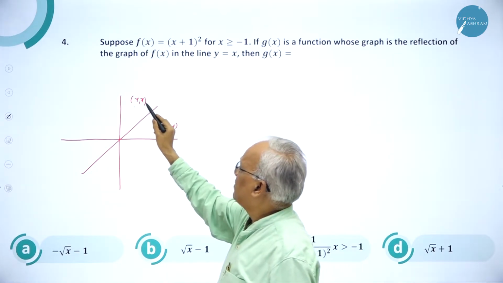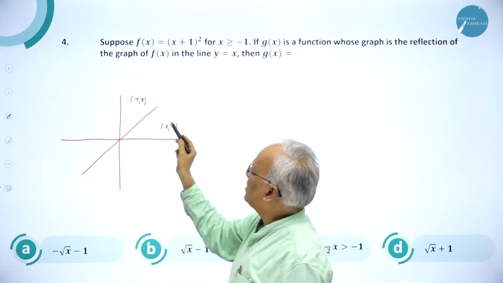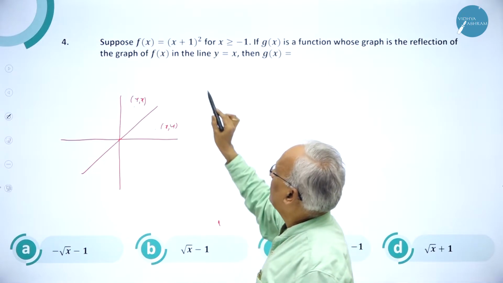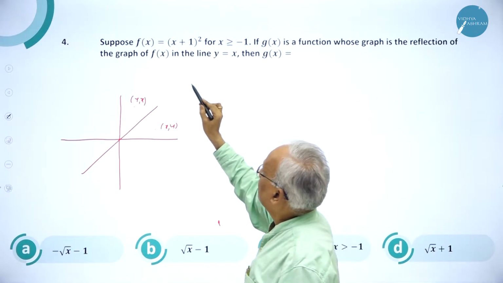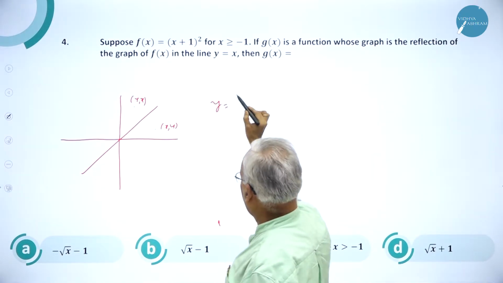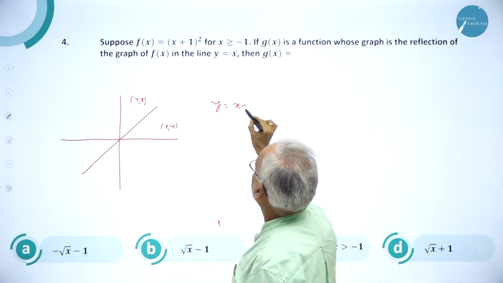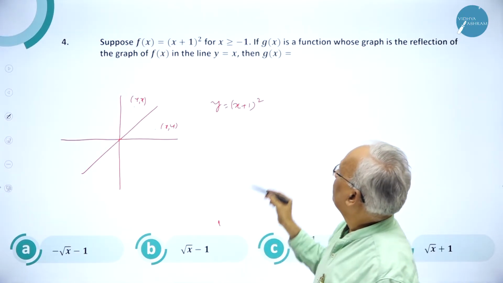Y in terms of x, here x is in terms of y. So the relation x and y are interchanged, therefore this function is inverse of that function. Therefore if f of x is equal to (x plus 1) whole squared, you write x in terms of y, that is the function g.